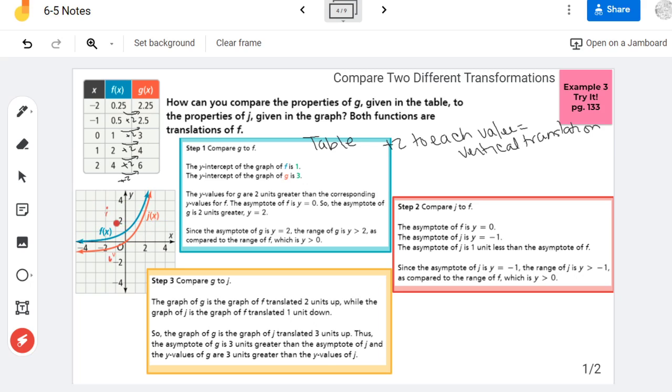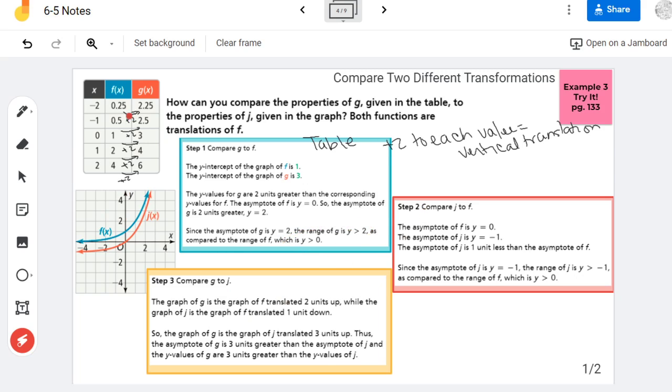And so that change in the asymptote is going to be changing the range of the functions. Alright, so the range of g of x starts at y equals 2, and the range of f of x starts at y equals 0. Sorry, they say it's greater than 2 and greater than 0.